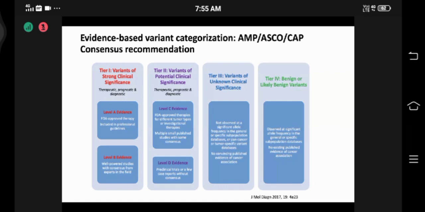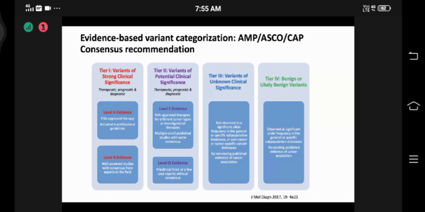Now, tier 3 variants, these are variants of unknown clinical significance. They cannot be targeted at present straightforwardly. So you cannot say, I saw a tier 3 variant abnormality there and I'm going to treat it and my patient's going to respond. There is no convincing evidence in this cancer that the tier 3 variant is driving the cancer. It is a variant you are seeing, but it is a variant of unknown clinical significance.